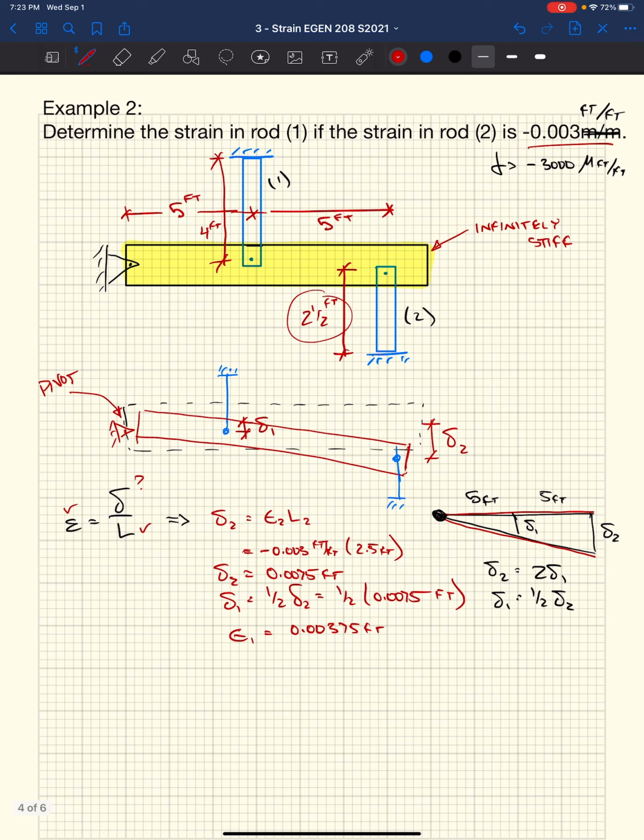So that's our delta in rod 1. Sorry, I'm getting lost here, not having all you guys keep track of me. Delta 1, as shown above, has moved 0.00375 feet. Well, we know epsilon 1 is delta 1 over L1.